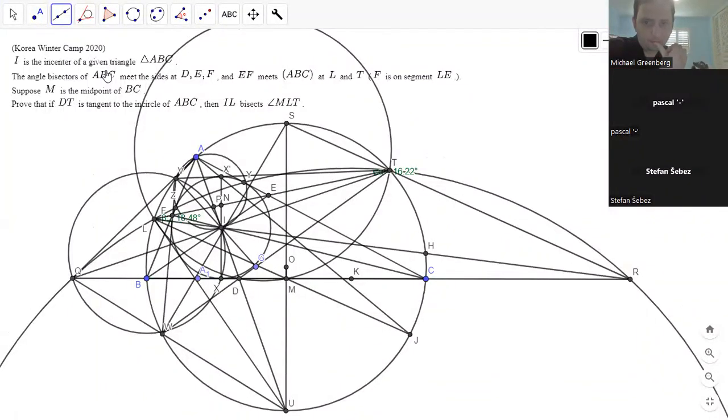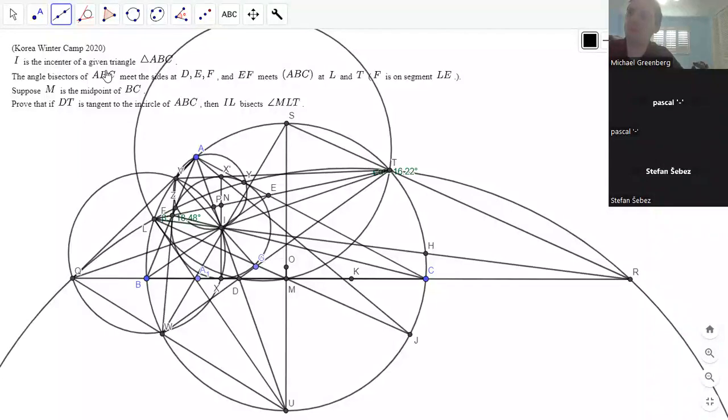What I figured about that part is it is very related to one of, for me at least, the hardest configurations I've seen yet. Oh, really? Yeah, the configuration involving the circumcircle and excircle.